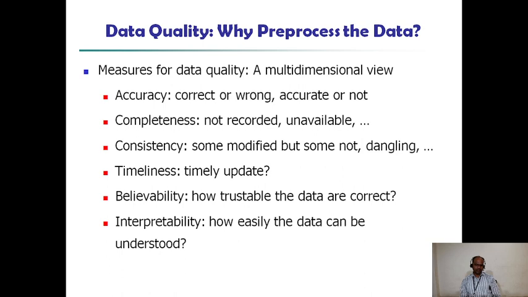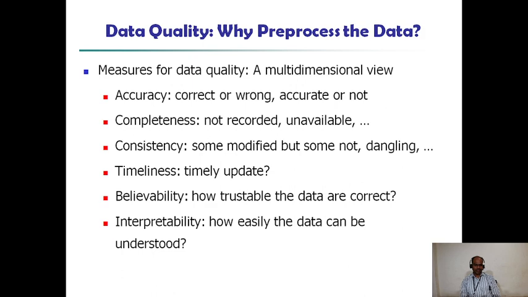for accuracy, for completeness, for consistency, for timeliness, for believability, and for interpretability. Accuracy means whether the data is correct or not, that we have to analyze before going to analyze the data.